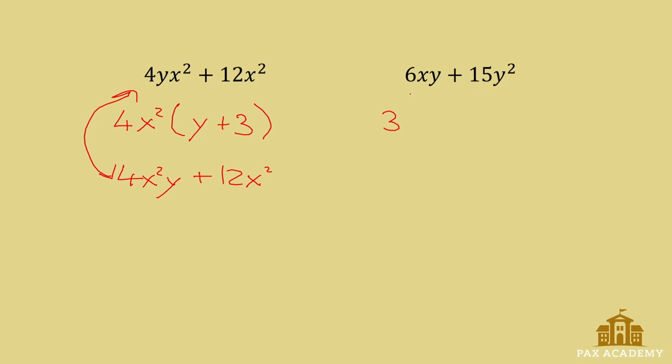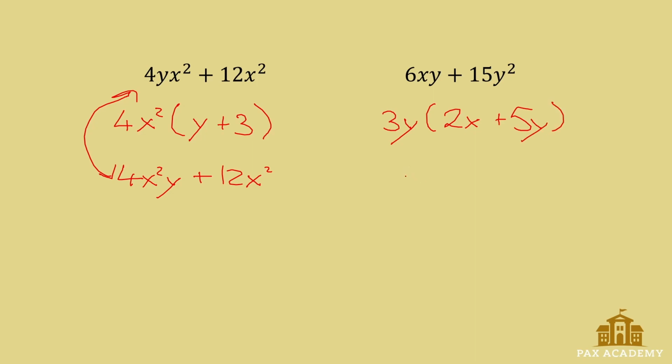Therefore, the highest common factor here is y. We open brackets. 6 divided by 3 is 2. We took no x's out, so we have x. And then y, we took one y out, so this disappears. Then 15 divided by 3, that's 5. And then y squared, we took a y out, so we're left with just one y.